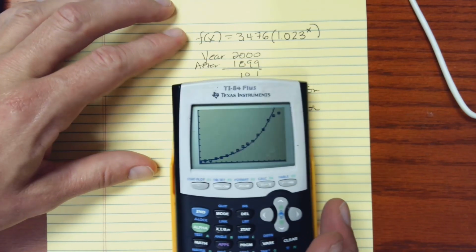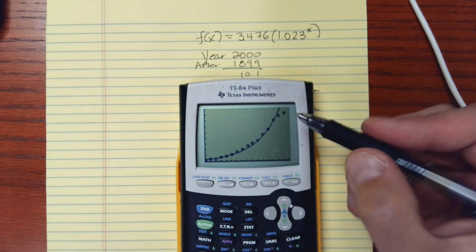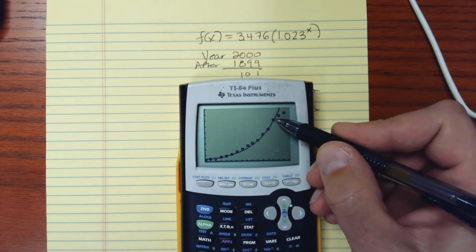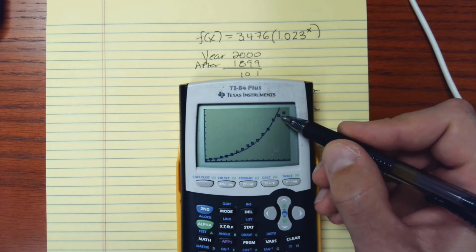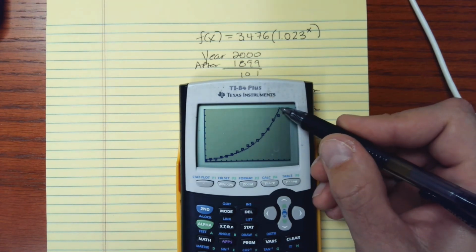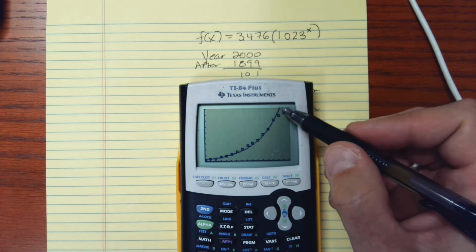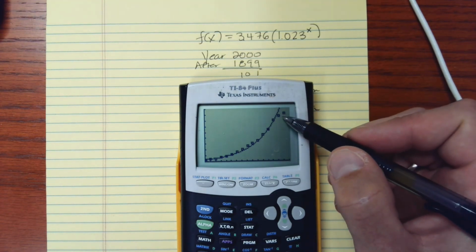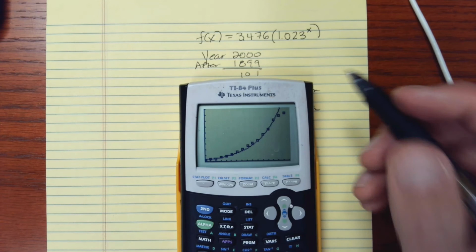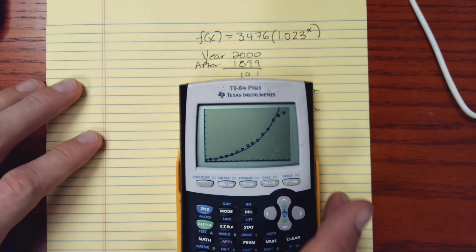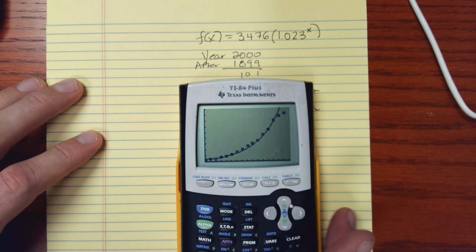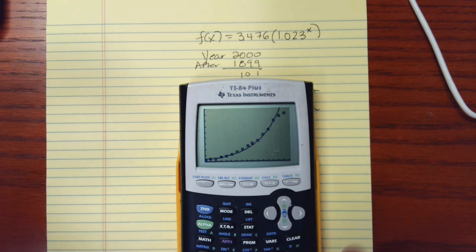And so when we were looking at 2030, that's this dot here, we're seeing that it's a little high, and then we would expect that our model would overshoot the estimates that were in the graphic for the years 2040 and 2050. So I'll stop for now, and in the next video I'll show you another application of these models.